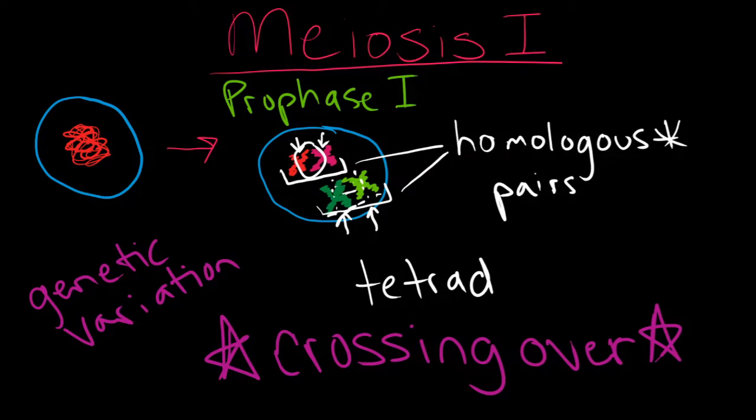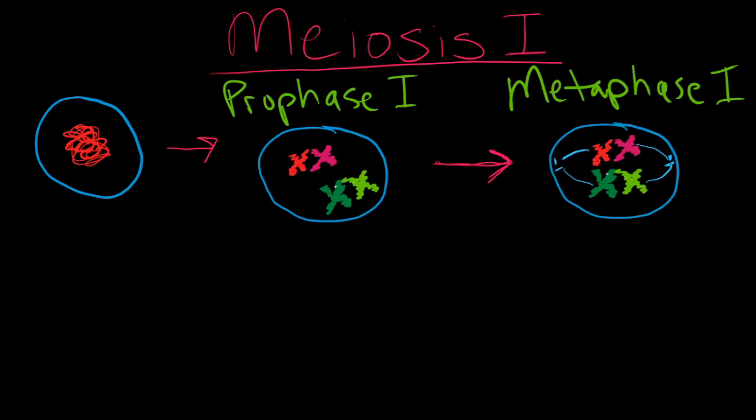And so let's move along. After prophase 1, just like mitosis, it's going to go to prophase 2, but a little different than mitosis. I think I misspoke there. Prophase 1 goes to metaphase 1, just like mitosis. What we see here, though, is that the homologous pairs are still together.